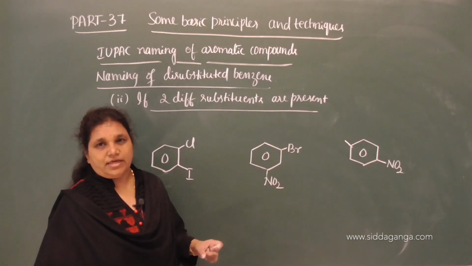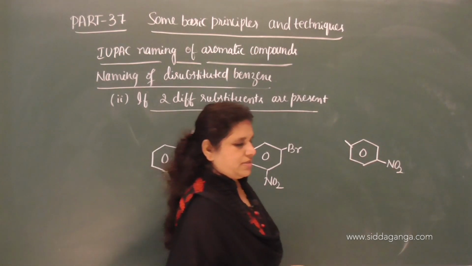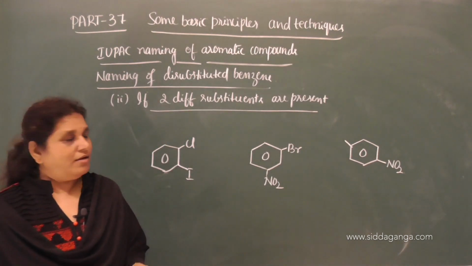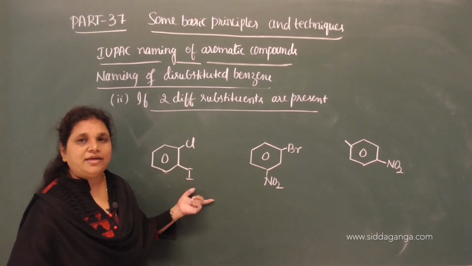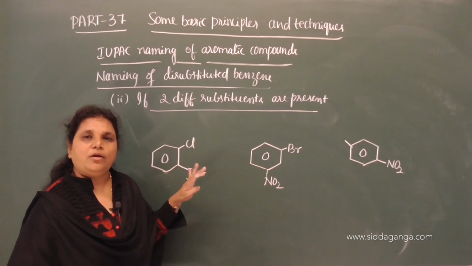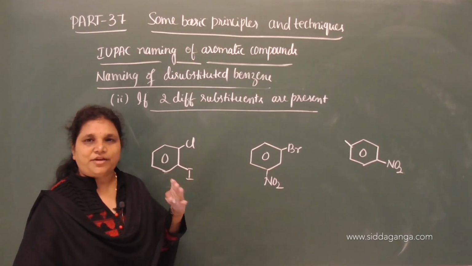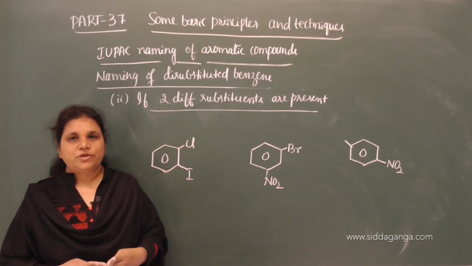If this is the case, then how to name the disubstituted benzene? When 2 substituent groups are different, according to the IUPAC system, we have to arrange them in alphabetical order. In common names also we have to arrange them in alphabetical order. The prefix we use, ortho, meta, para, depends on the position of the two substituent groups.